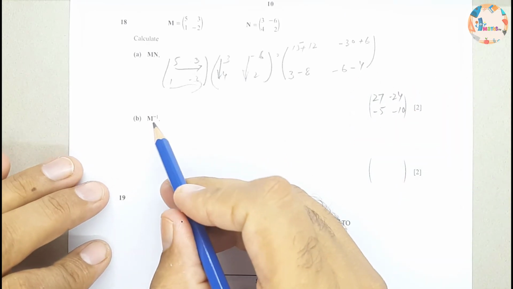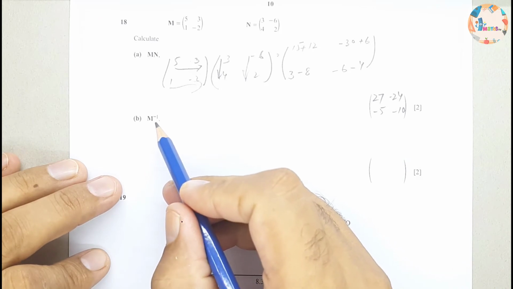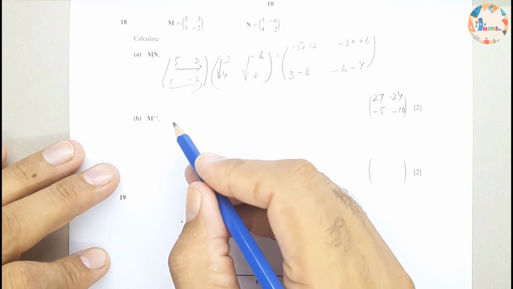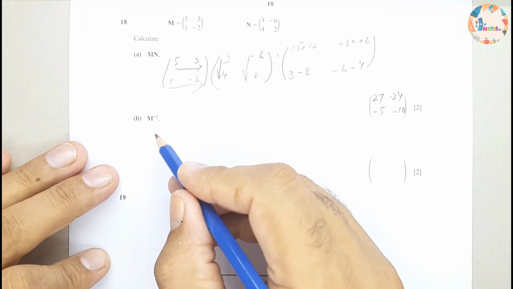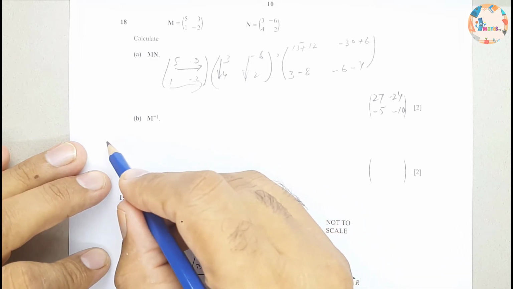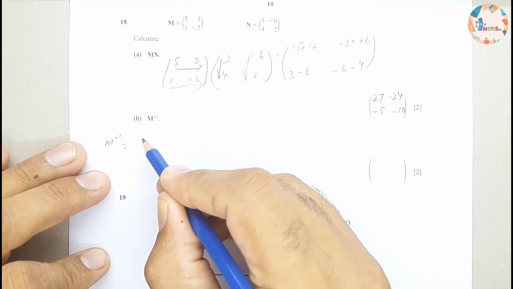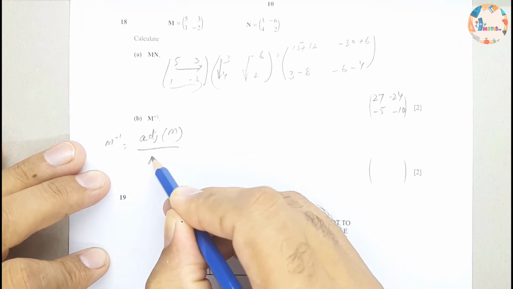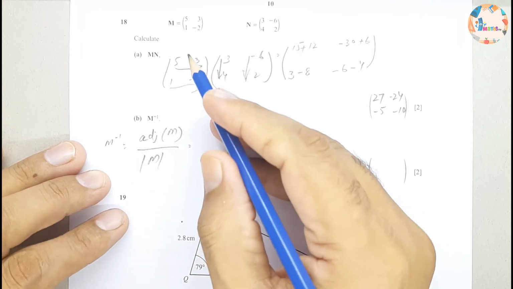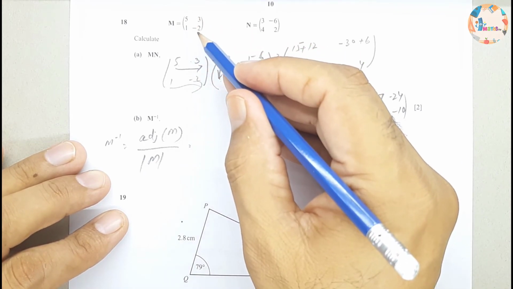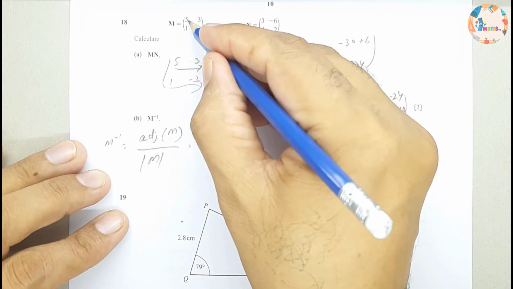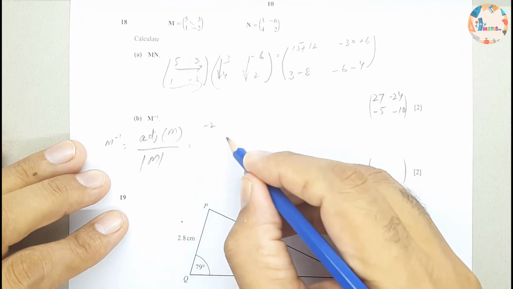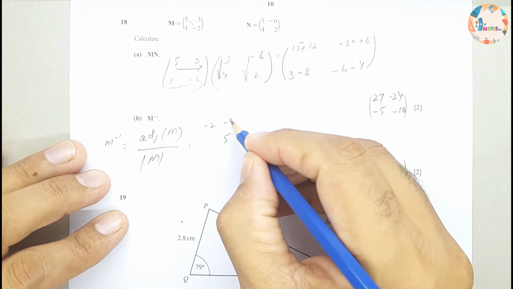Then M inverse. M inverse is basically adjoint of M over mod M. So adjoint will be switching these two. These two we will switch, so this will be minus 2 and 5, and we will change the sign for these.